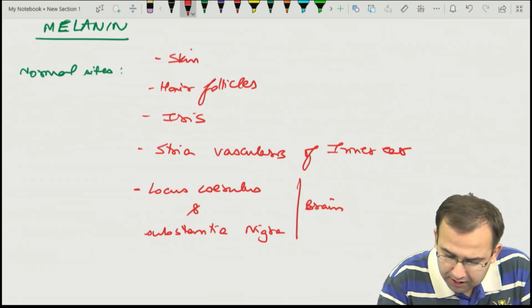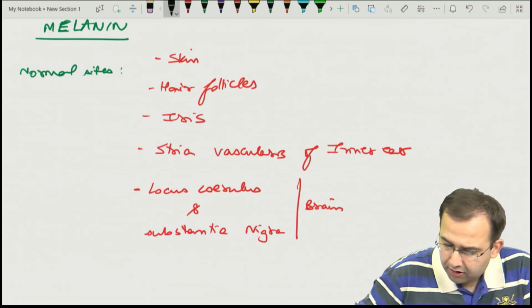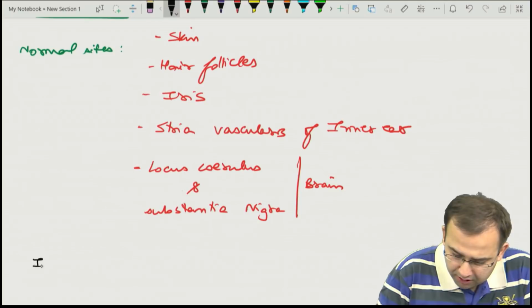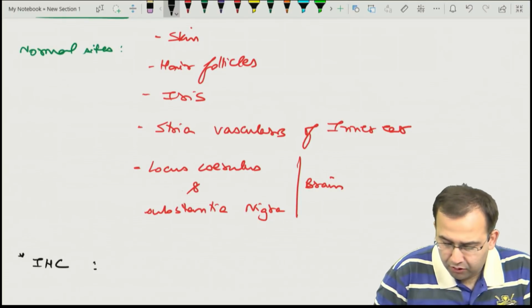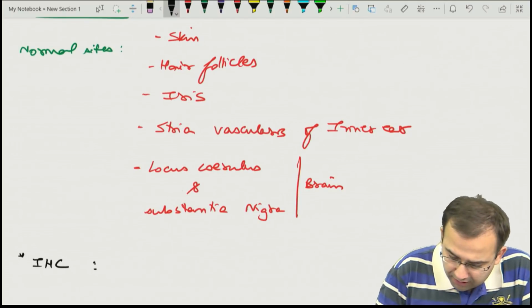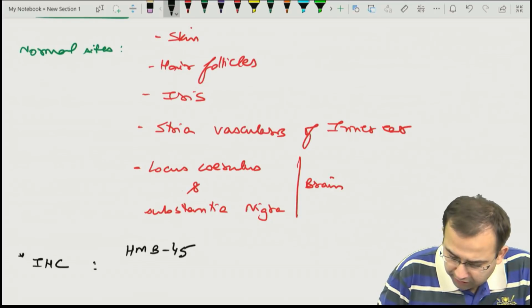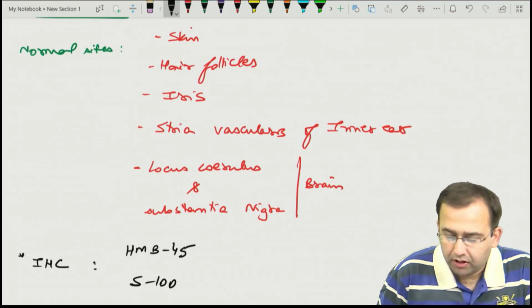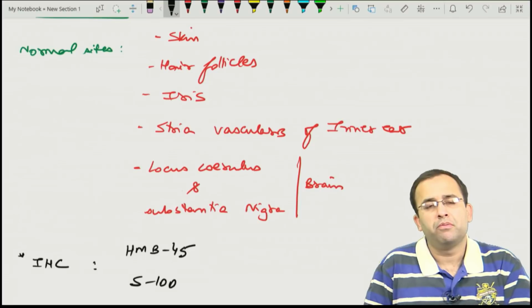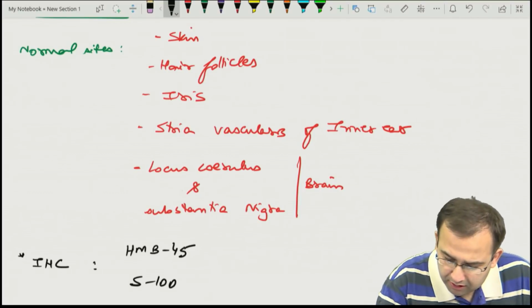Next point, put a star on this. IHC, immunohistochemistry for melanin is HMB45 and S100. Which is more specific for melanin, HMB45 or S100?